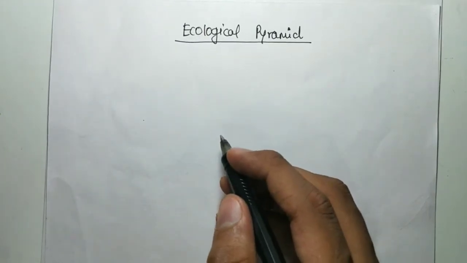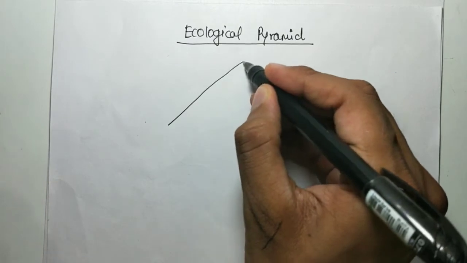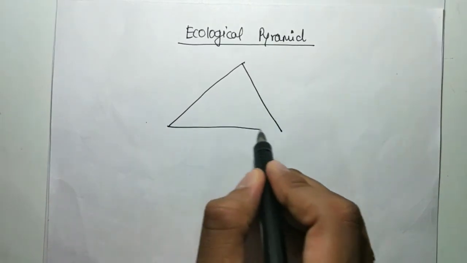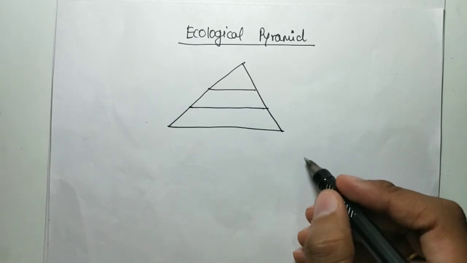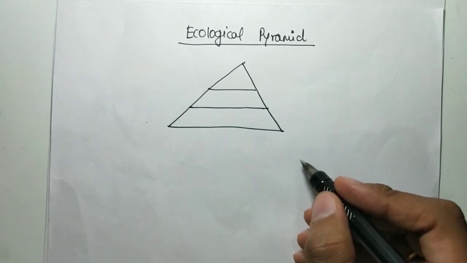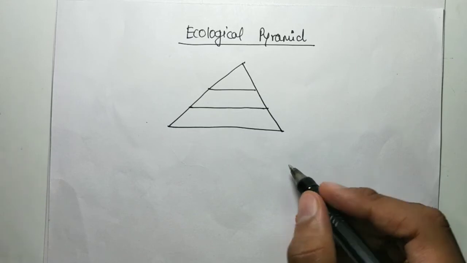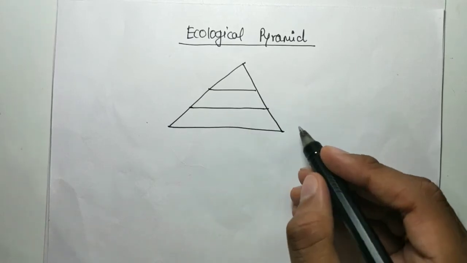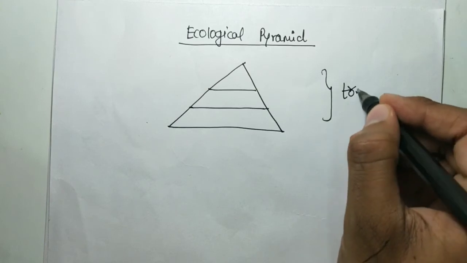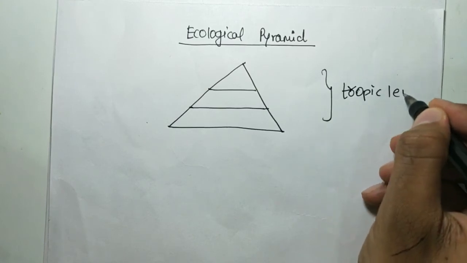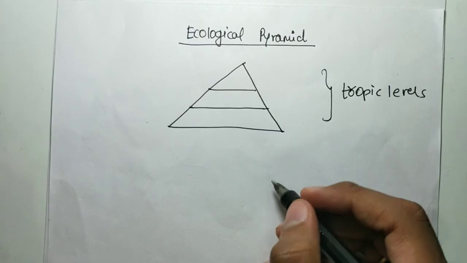It is triangular in shape, in this way. Now what does this indicate? It says that organisms at different levels, these are called trophic levels.